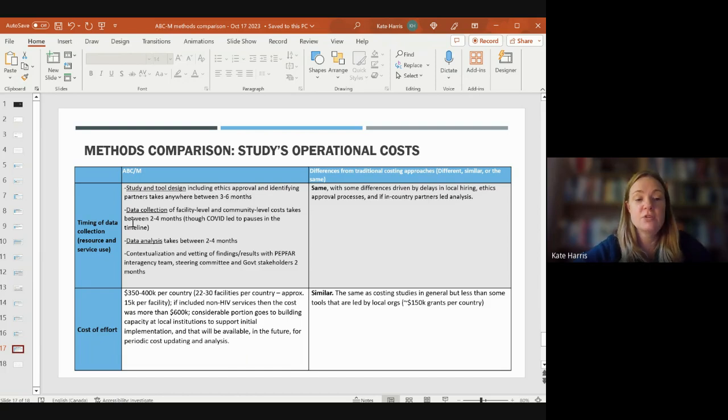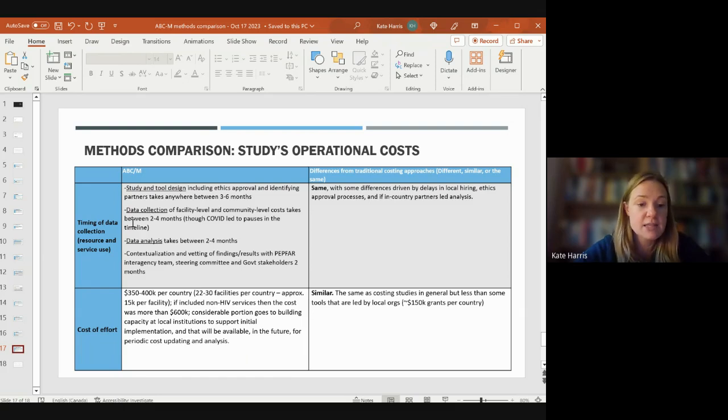And then another 2 months after that to contextualize and vet the findings with different teams and stakeholders. This can be quite similar to other costing methods, but you could ask about the timing for those. It can be faster if there's local hiring, differences in the ethics approval process, or if you have already identified partners, but that's how long it took for some of the activity-based costing approaches.